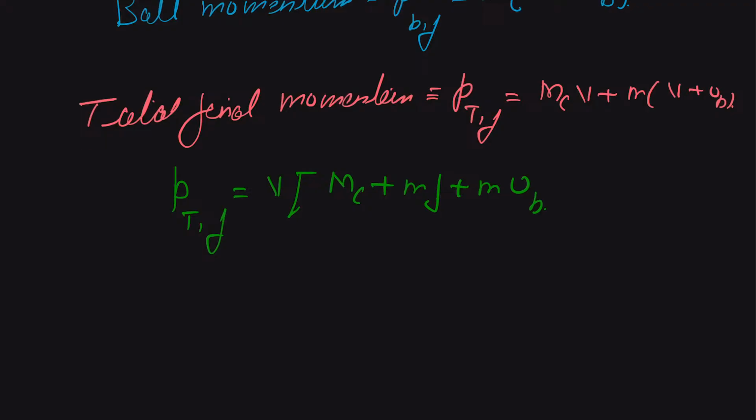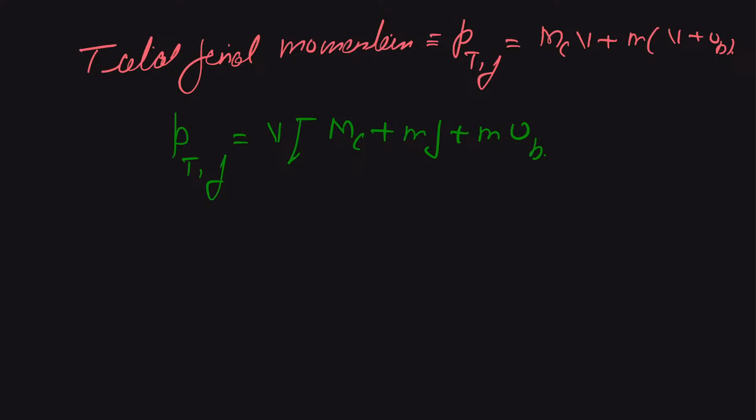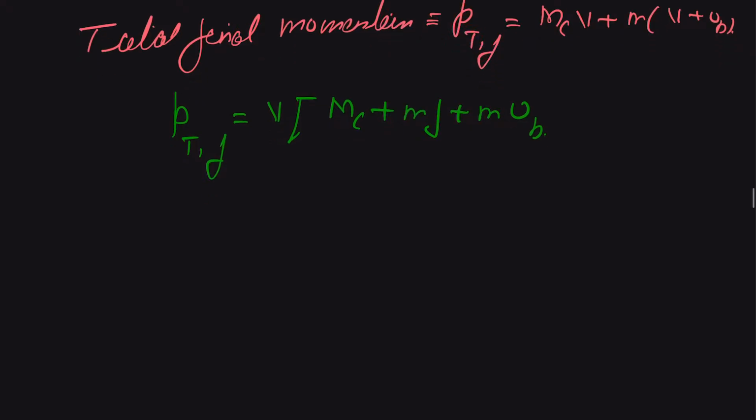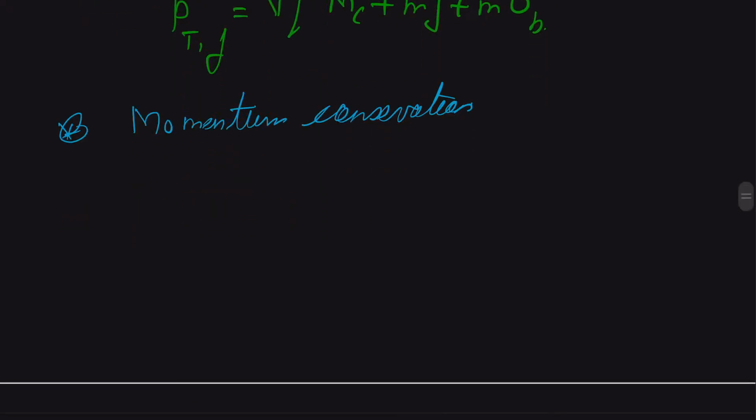And now conservation of momentum, because all the forces interacting between the ball, cart, everything are internal forces. There are no external forces. Therefore, we can say momentum conservation holds, which gives us that our total initial momentum will be equal to total final momentum.